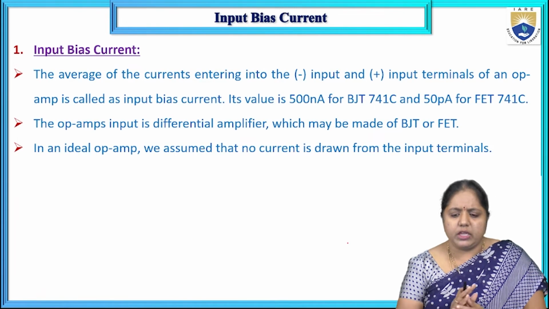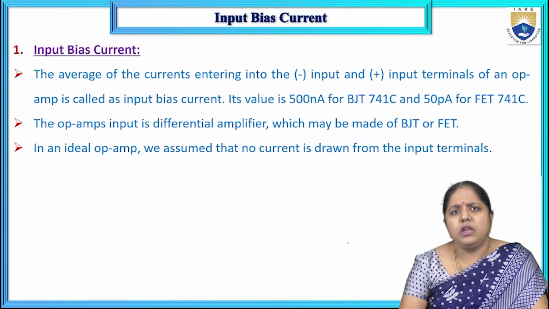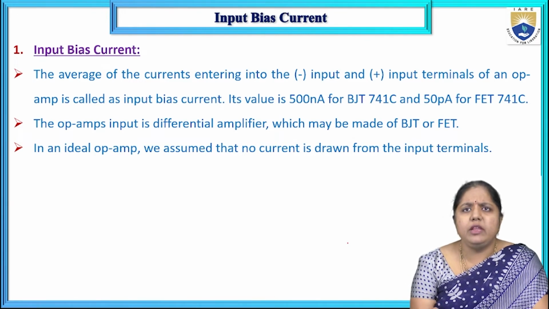So first let us talk about the input bias current. What is the input bias current? The input bias current is the average of the currents entering the inverting and non-inverting terminals of the op amp.